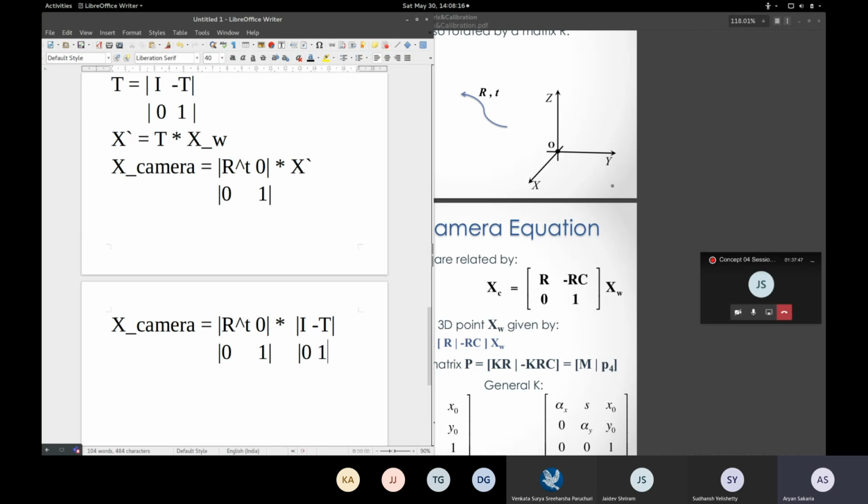Okay, so I have some points in X world. I have the orientation of my camera given by R and T. If I want to get it in the frame of the camera, I'm going to take R transpose and minus T. And basically when I multiply this, I'm going to get a matrix that looks something like this.